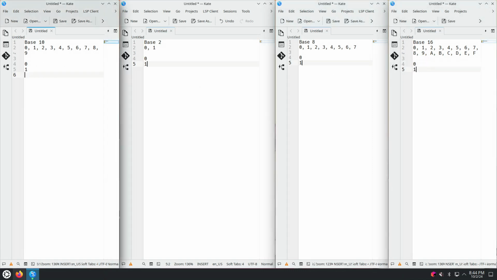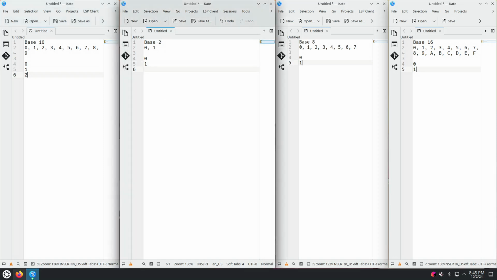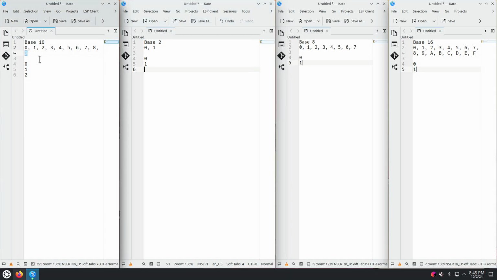What about the next one, which is the number 2 in decimal? So that means two objects. How do we represent that in base 2? 0 represents 0 objects. 1 represents one object, but we need to represent two objects. How we do that is similar to what we do in base 10. After the last digit, which is 9, will come 1 and 0.